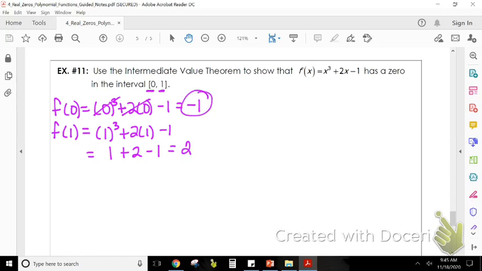So we can see here that 1 is negative, 1 is positive. So the intermediate value theorem tells us there is a 0 then between where x is 0 and 1.